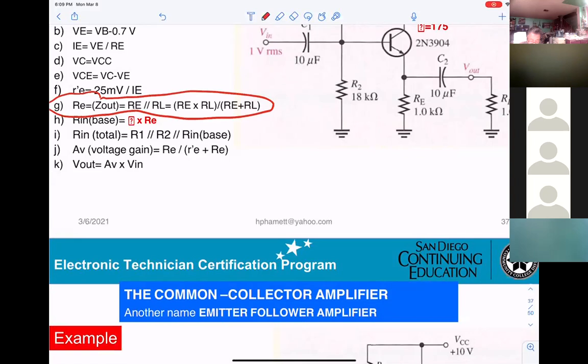So the input is beta RE. Input R in is beta RE. And the output, okay, that beta.